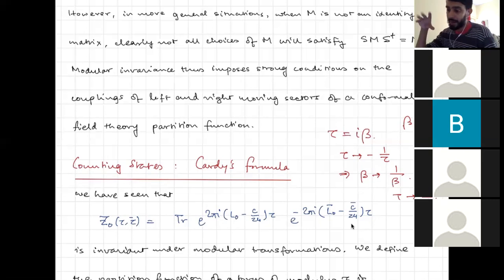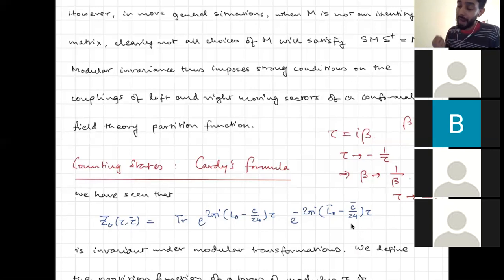At extremely high energy, the partition function is going to sample all states. So because of this modular invariance, just the information of low lying states can give you the information of the whole spectrum.